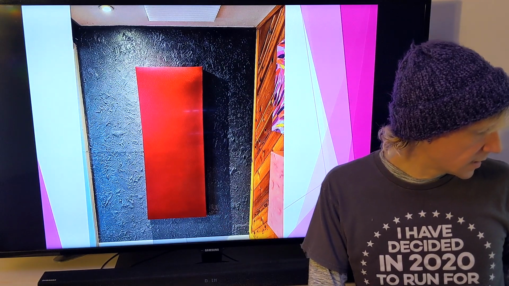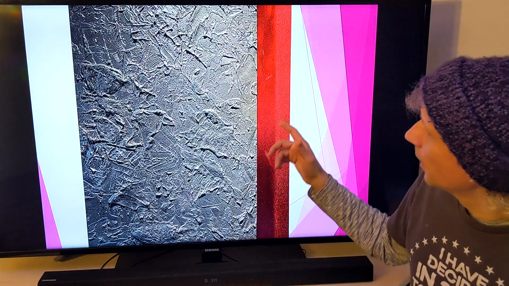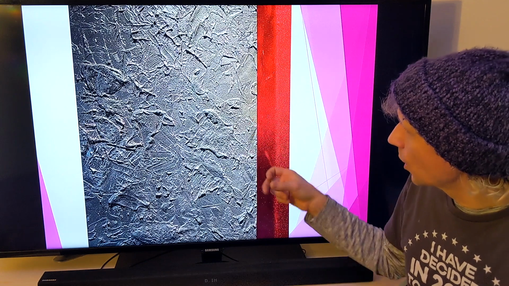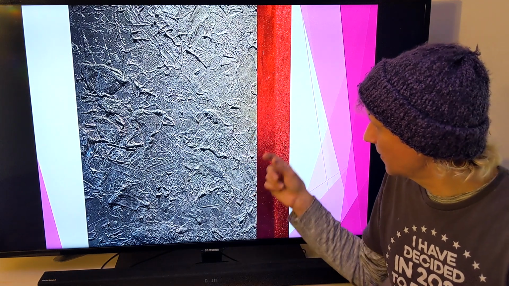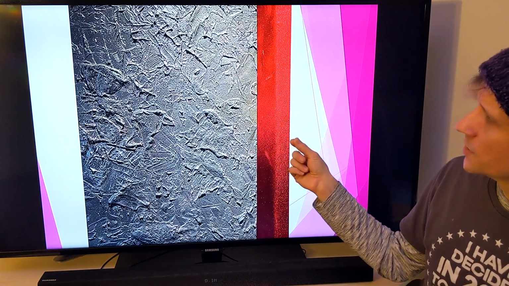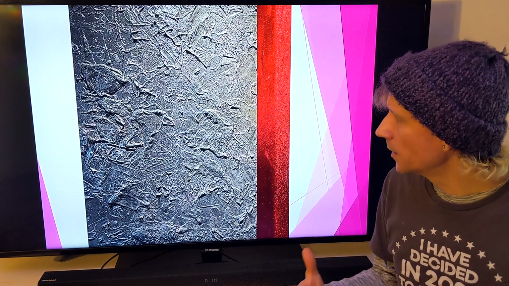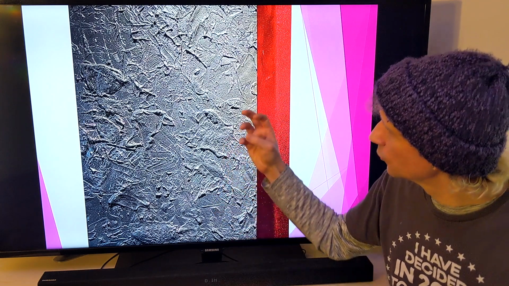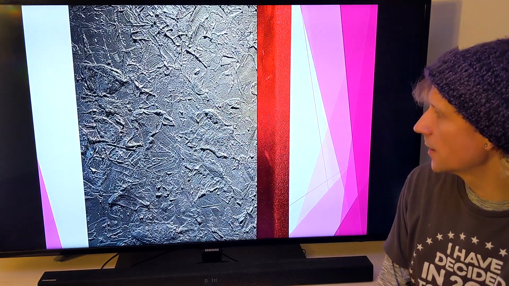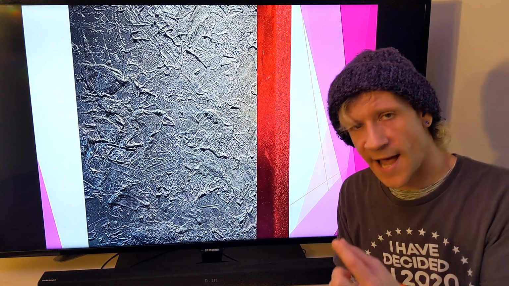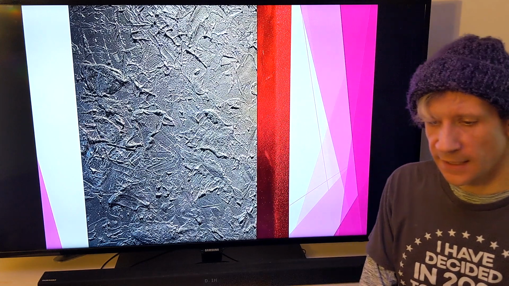I don't know if you can really get a sense of it, but there are places on this wall where this stuff sticks out at least a half an inch, if not as much as three quarters of an inch. So what does that mean in terms of diffusion? What do rough surface variations like this, say up to a half an inch, get us in terms of diffusing what frequencies?